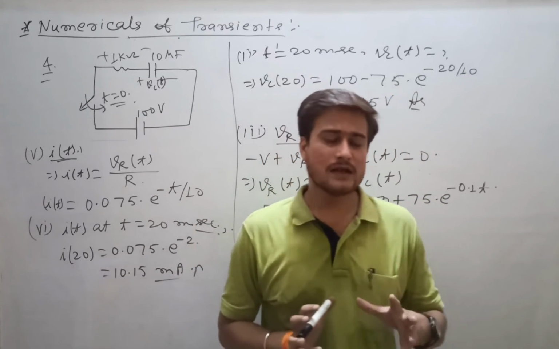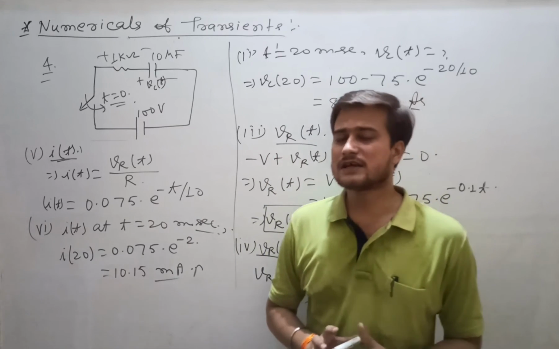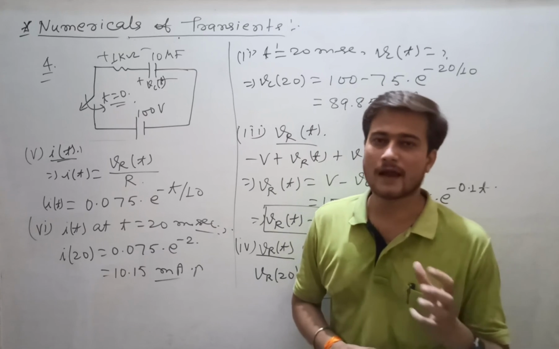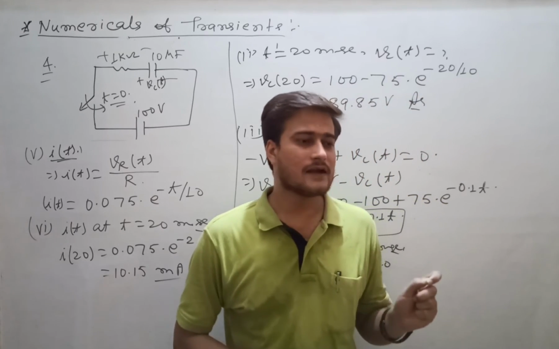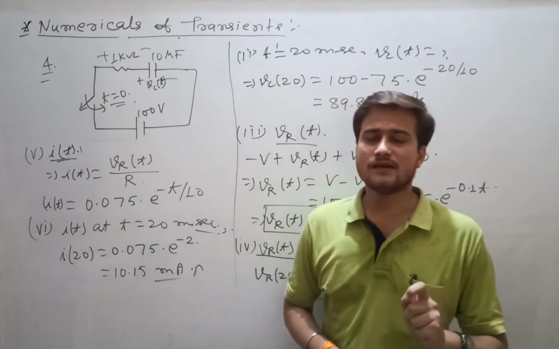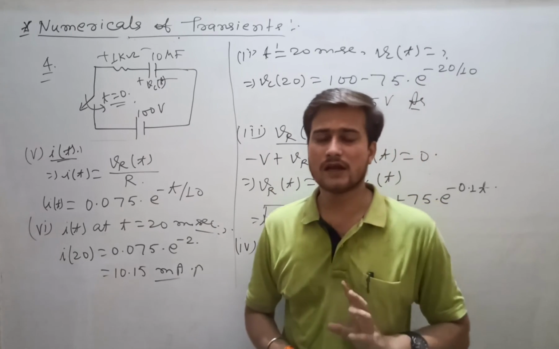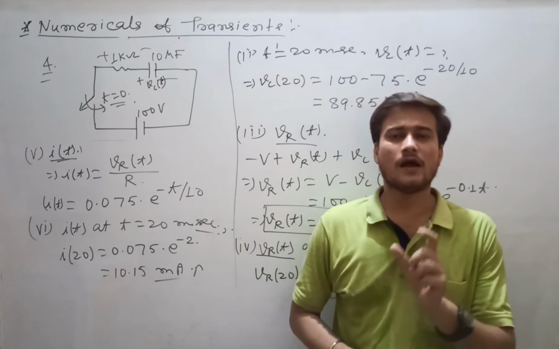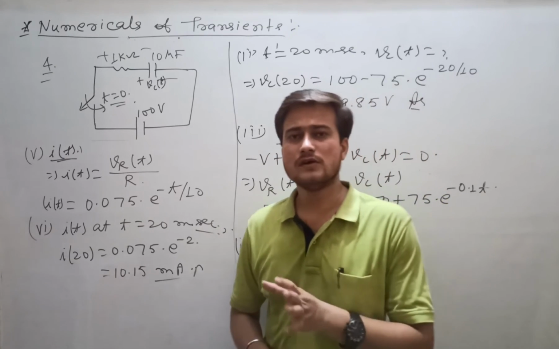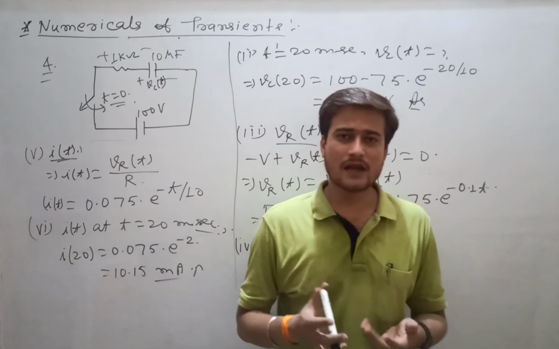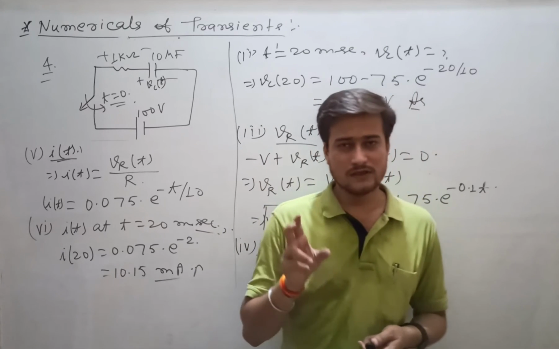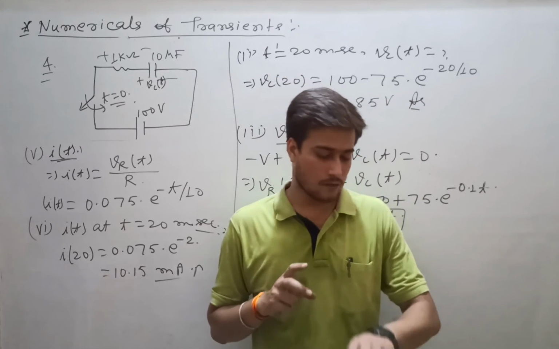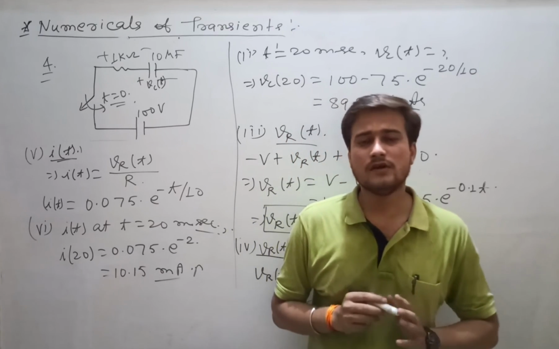Then in the next video lecture we will discuss the expression for rate of change of current with respect to time. That means we will write the expression for di by dt at time t equal to 0 second, then the expression for d square i divided by dt square at t equal to 0 second. Because in GATE examinations they ask questions on the rate of change of current or voltage at time t equal to 0 plus.